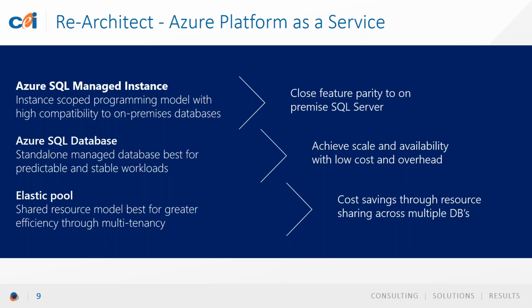Then finally, Elastic Pool, which is a collection of Azure SQL databases that are going to share some back-end resources. And really what you get with that is the ability to share costs. So the cost model in Azure is based on resource consumption. So when you're sharing those resources across multiple databases, you're going to be sharing that cost.